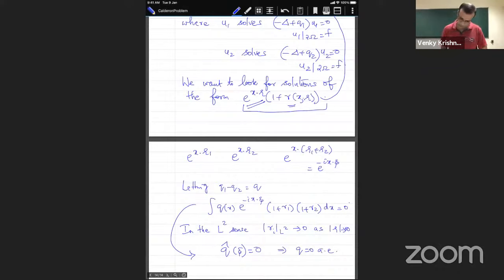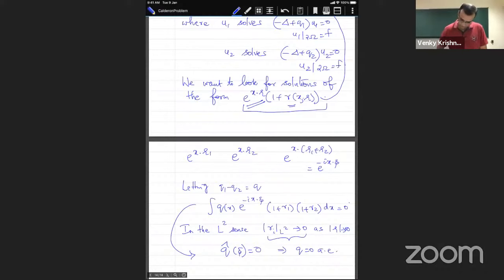Because you will have a term corresponding to r1, a term corresponding to r2, a term corresponding to r1 r2, and then there is 1. That 1 gives me q hat and every other term is going to decay. So this control over here seems to be important.